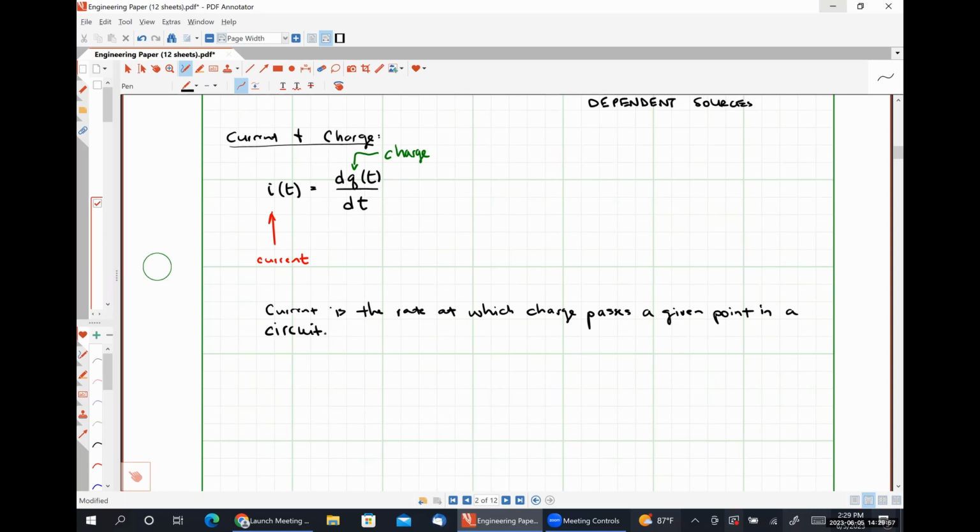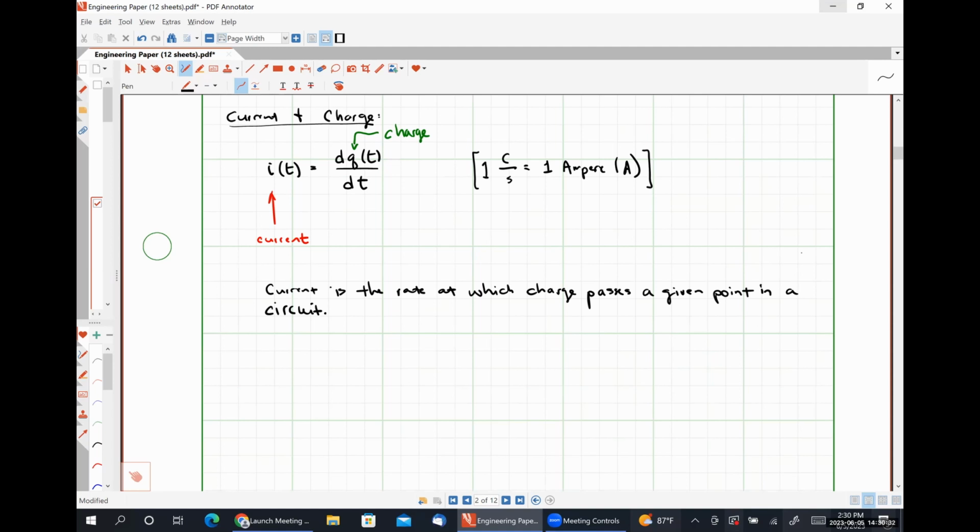Well, we can also, from this relationship, determine what our unit of current should be. Okay. So we have charge in the numerator measured in coulombs and time in the denominator typically measured in seconds. And we call this an ampere or 1A or 1 amp. So this is the unit of current.